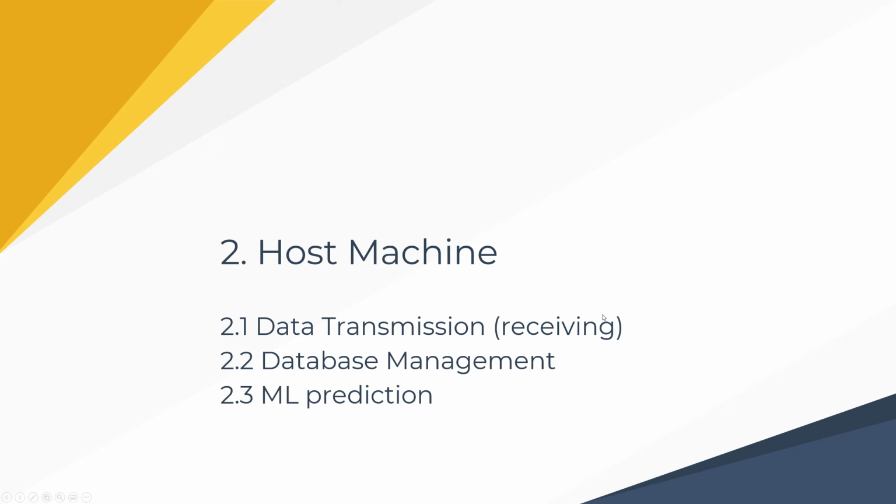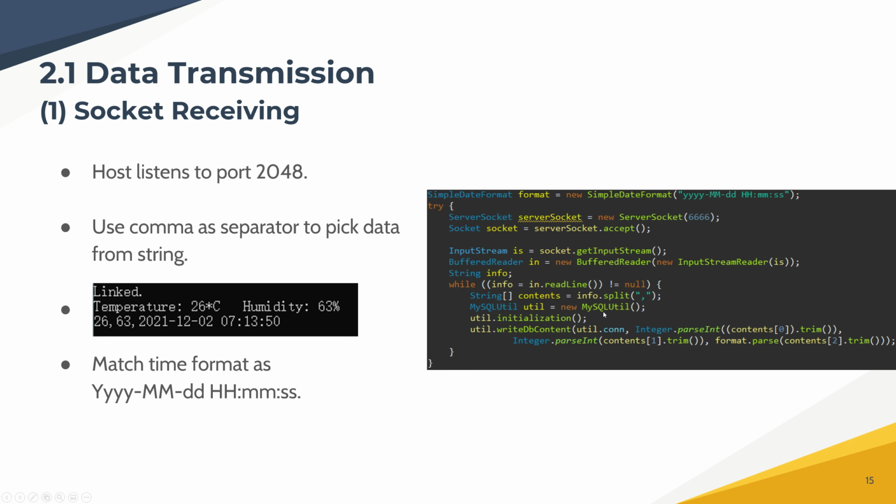For the host machine, we're going to introduce the receiving part of the data transmission, and also the database and some part of the machine learning prediction. Here we have the Java program, which listens to the socket and inserts the information into the database.